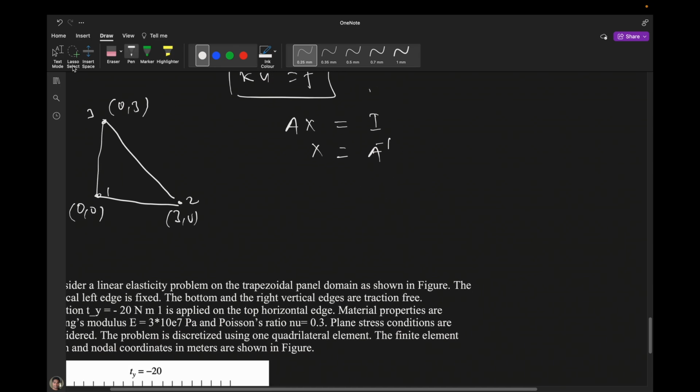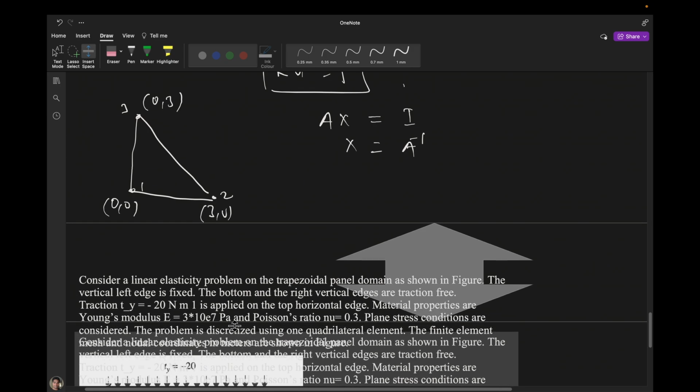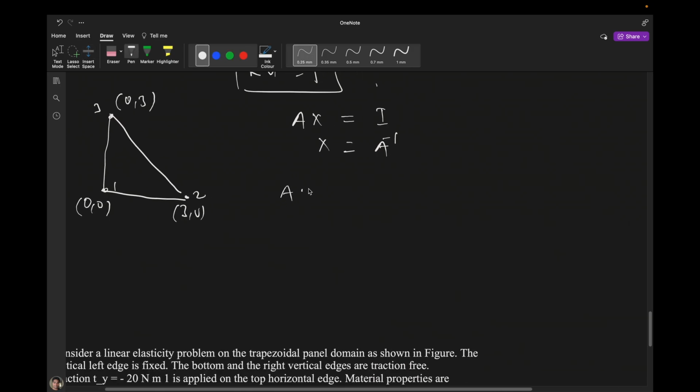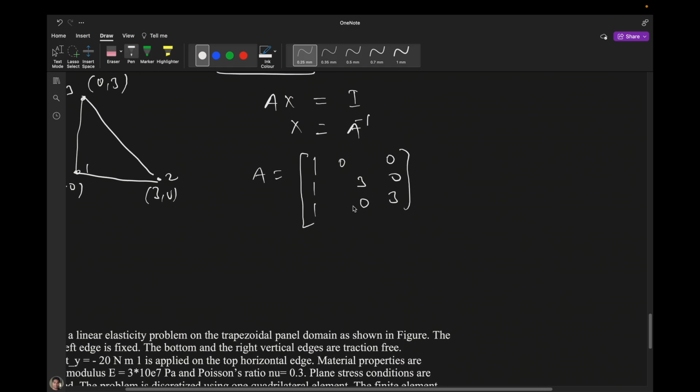First I want to write what is A. So A will be 1, and this coordinate will be 0 0. Okay, and that will be 1 3 0, and this will be 1 0 3.